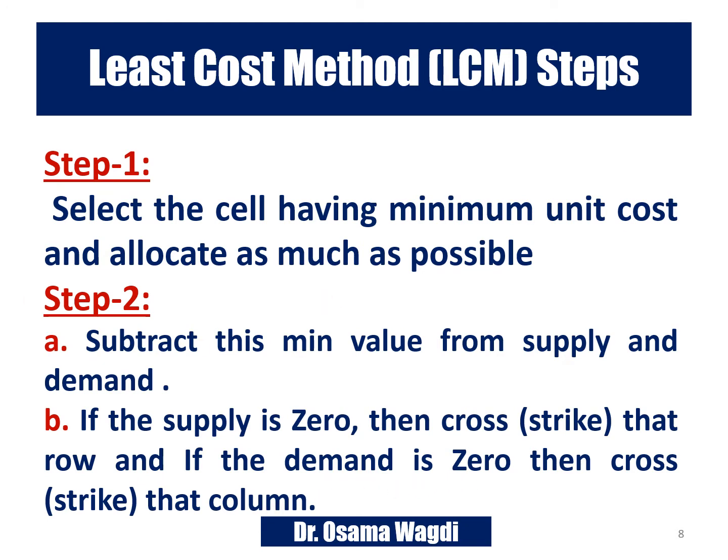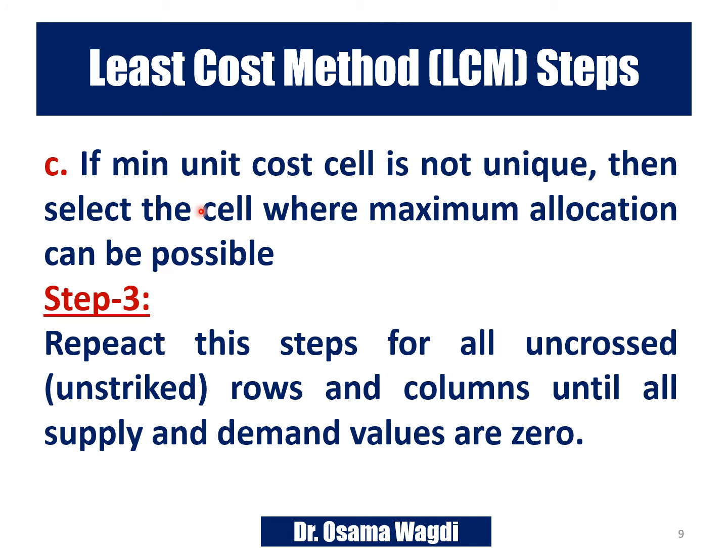Okay. Number 3, if the minimum unit cost cell is not unique, then select the cell where maximum allocation is possible. And also we will show it in the example. Step 3, repeat these steps for all uncrossed rows and columns until all supply and demand values are 0.